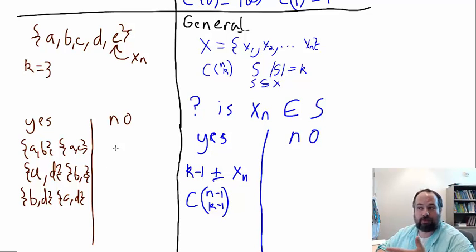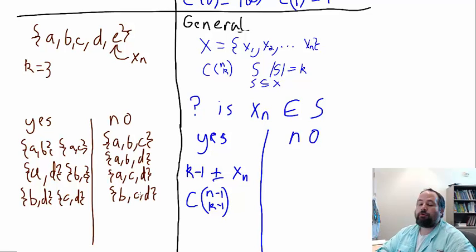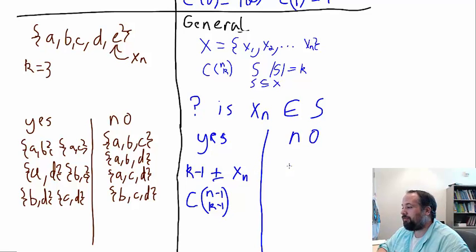In this case, k is 3, so there are 3 elements, and it doesn't contain E. So there are 4 possible sets that do not contain x sub n but are of size 3. In our more general example, we could define that as choose from n minus 1, since we know it doesn't contain x sub n, k elements.